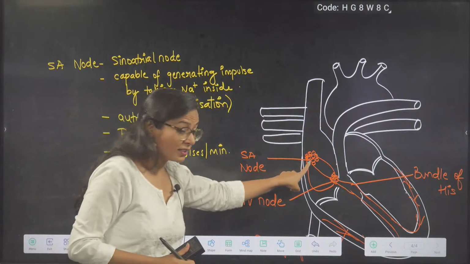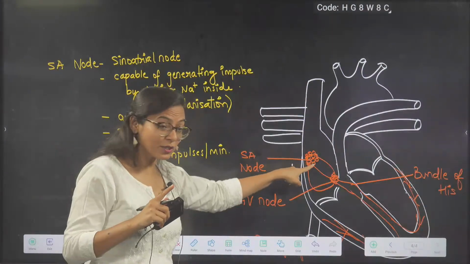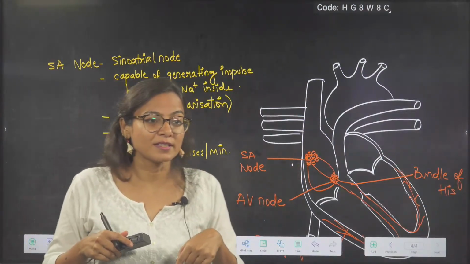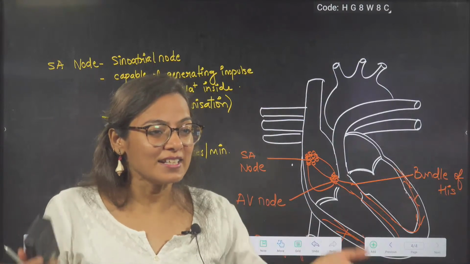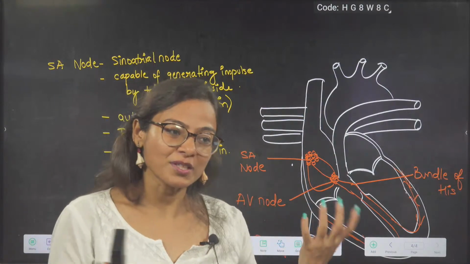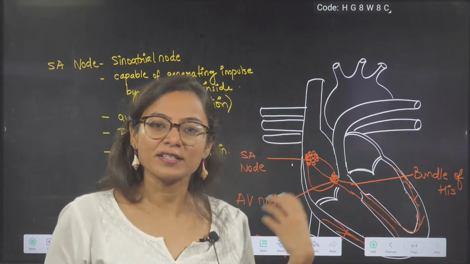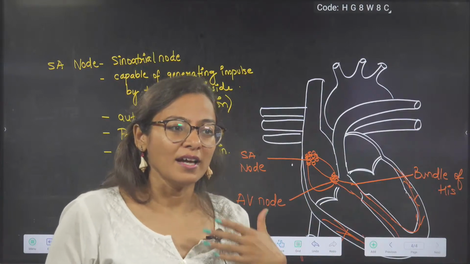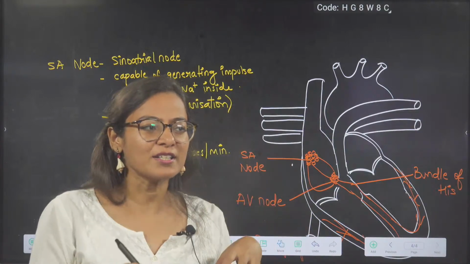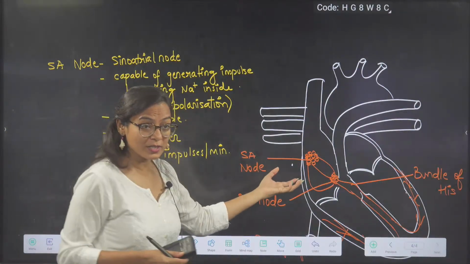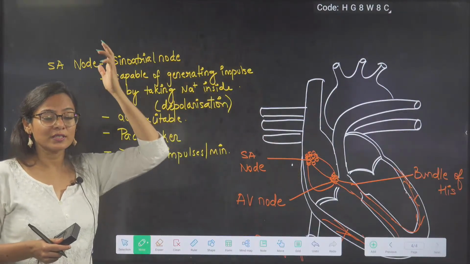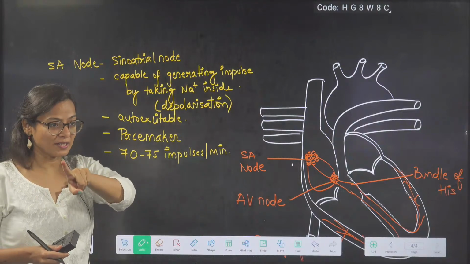In 1 minute, 72 times it is getting depolarized, 72 times it is getting excited. It is taking the sodium ions from the surroundings, that means from the extracellular fluid outside the cell. It is doing this 72 times in 1 minute.